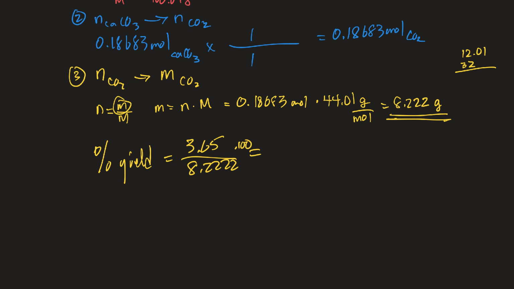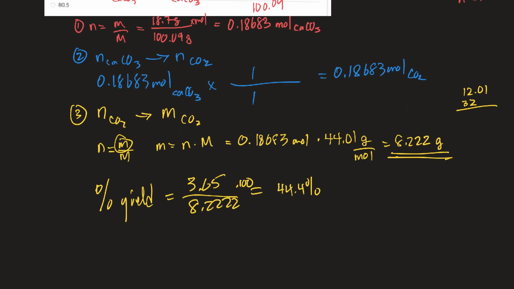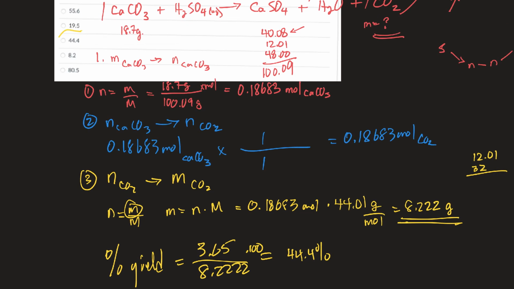I'll just get close. 8 point and a bunch of 2's. Okay, times 100. So 44.4-ish? 44.4%. Not very good yield. Right there. Okay, hopefully that helps you with that one.